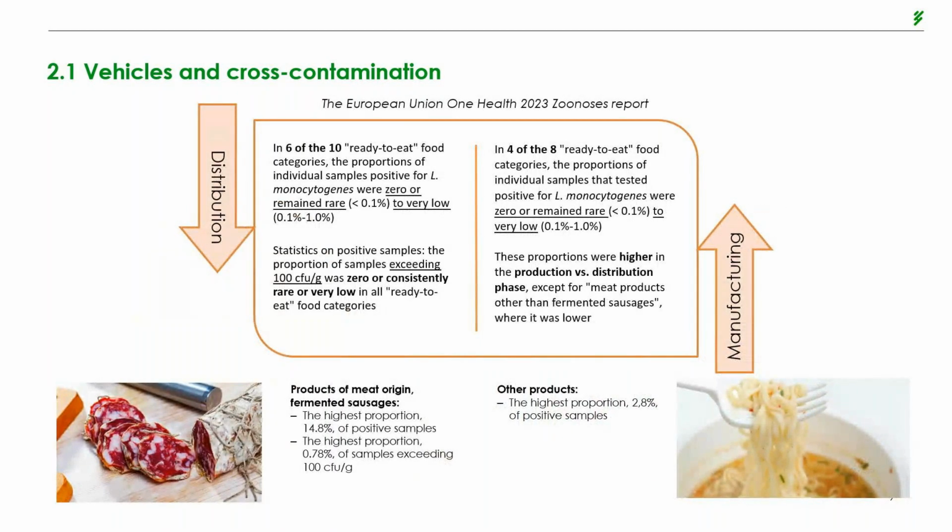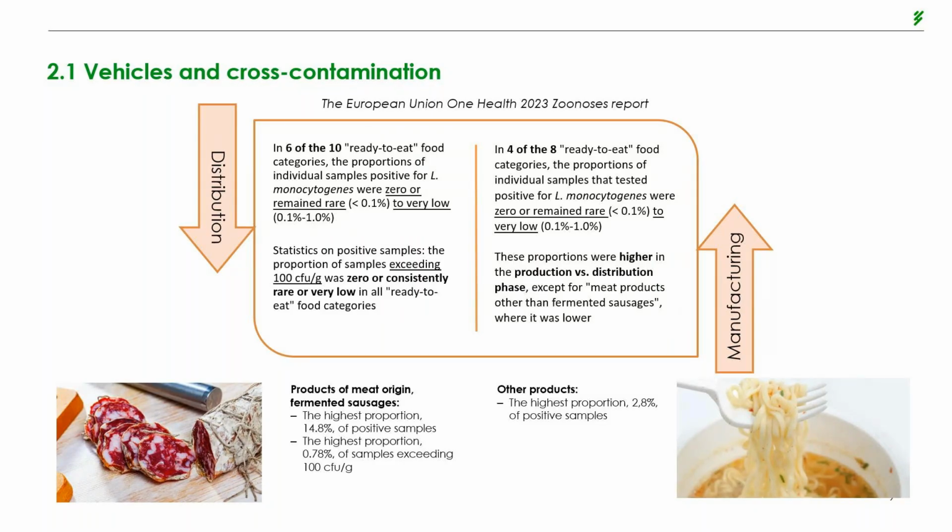Continuing with the results of this report on food vehicles, during the distribution of the products, it was found that in more than half of the ready-to-eat food categories, the proportions of positive samples for Listeria mono were 0 to very low, actually less than 1%. And the proportion of samples that exceeded 100 CFU was also 0 to very low in all of these categories.